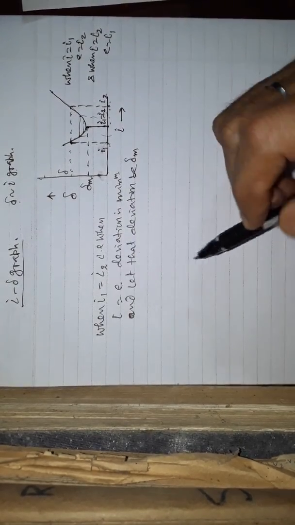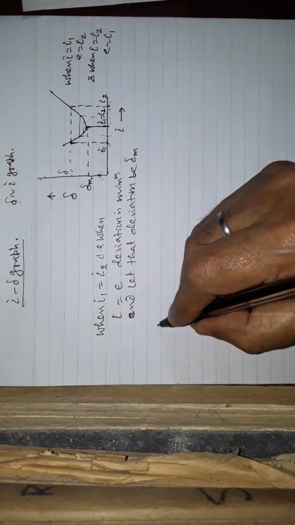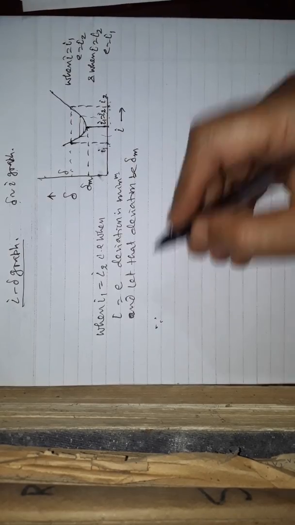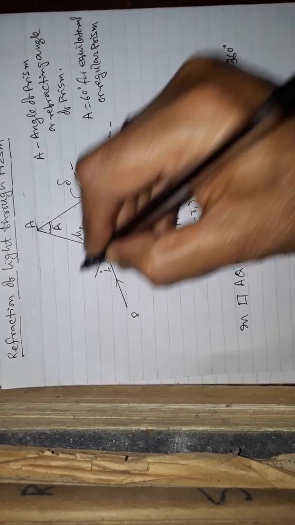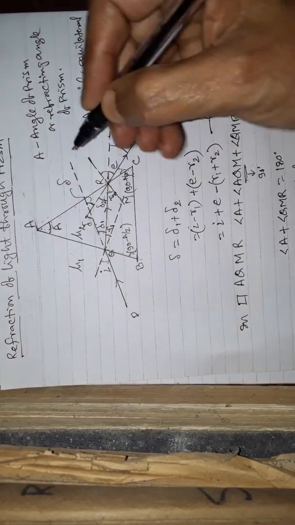Now when I1 is equal to I2, naturally R1 will be equal to R2. Suppose the refractive index of the material of the prism is mu2, and it is placed in a homogeneous medium of refractive index mu1.